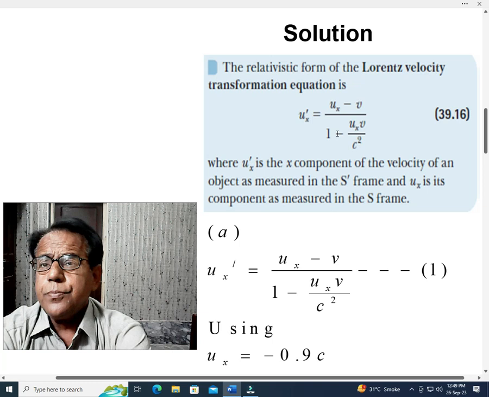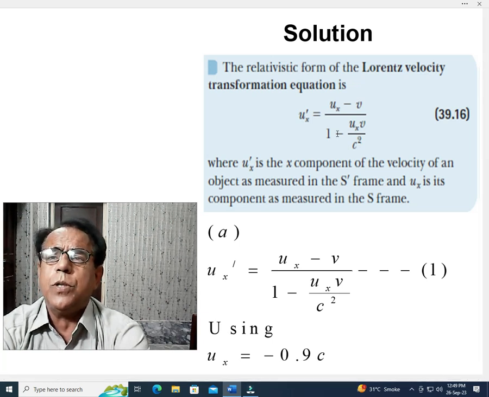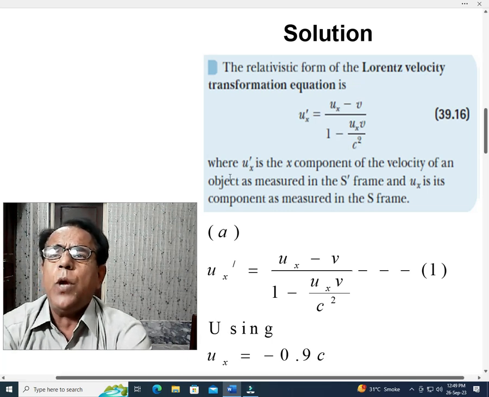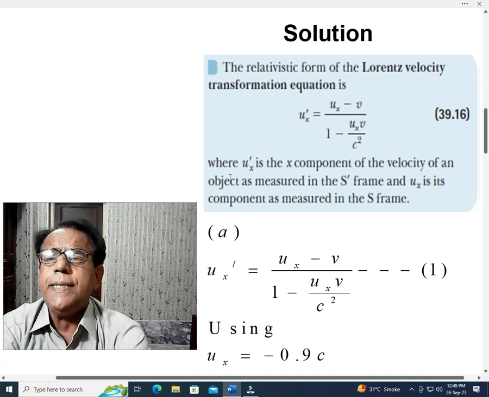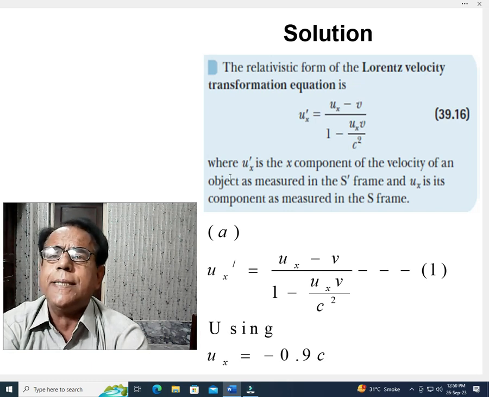The relativistic form of the Lorentz velocity transformation equation is u'x = (ux - v) / (1 - ux v / c²), where u'x is the x component of the velocity of an object as measured in the S' frame, and ux is its component as measured in the S frame.